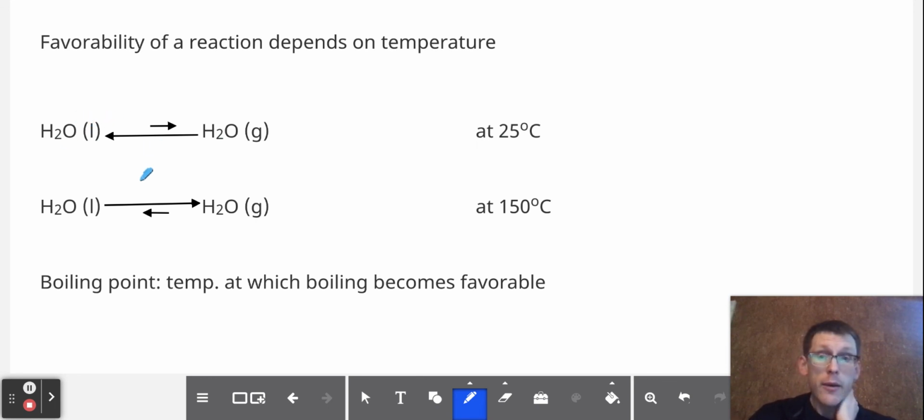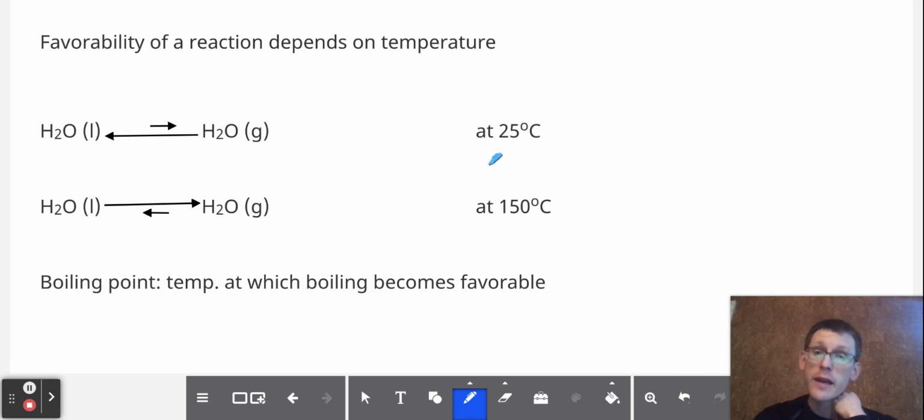On the other hand, if we were to crank up the temperature to 150 degrees Celsius, that is well above the boiling point, there's going to be a whole lot of gaseous water vapor at a high temperature. And there's not going to be very much condensed liquid water at all. So for this reaction, where we have water in the liquid phase boiling off, where that equilibrium lies depends very much on temperature.